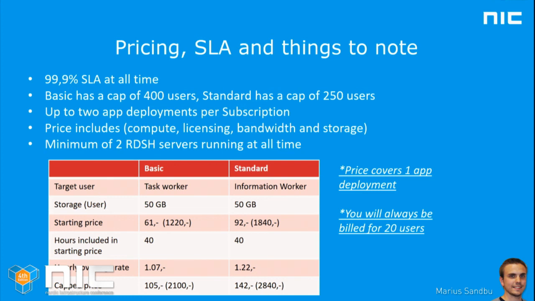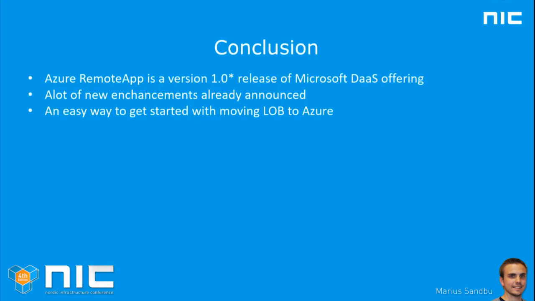When you go to the pricing page for RemoteApp, just scroll down to the last little detail on the side. There it says all users will always be billed for 20 users. Great.